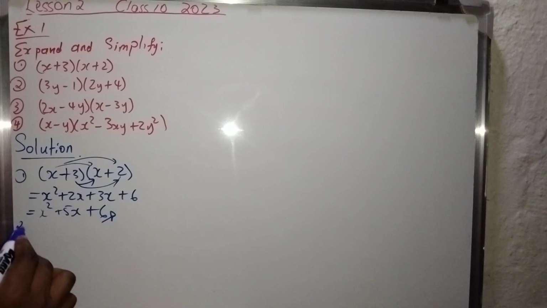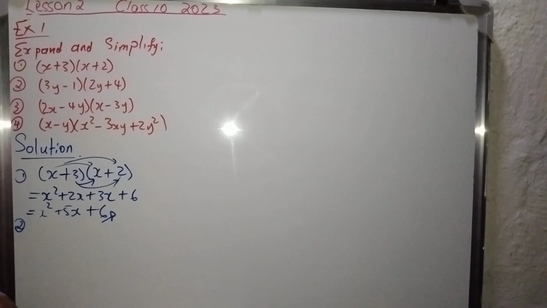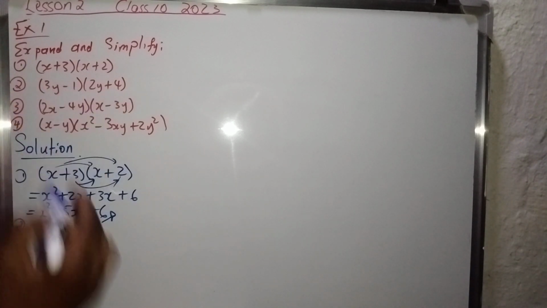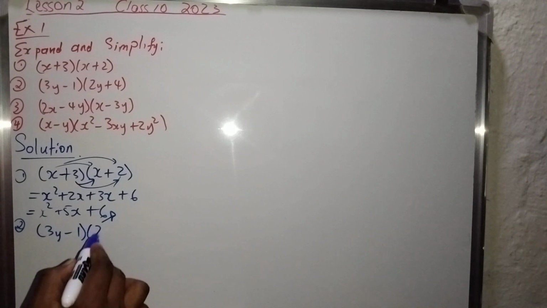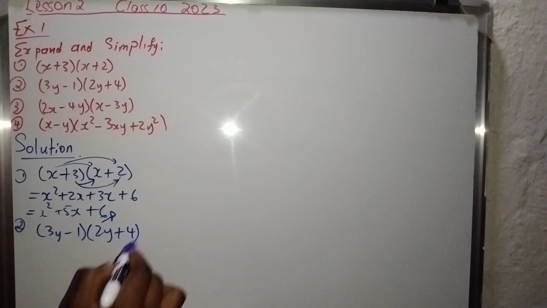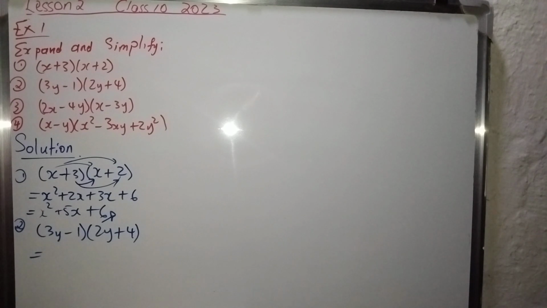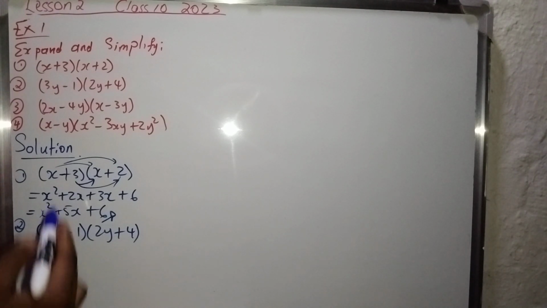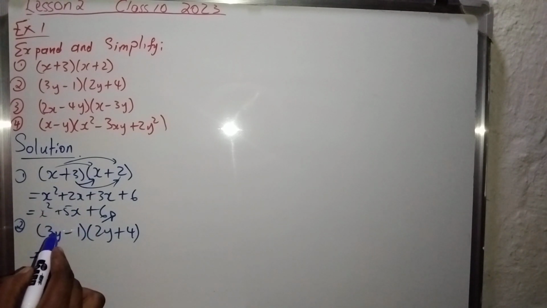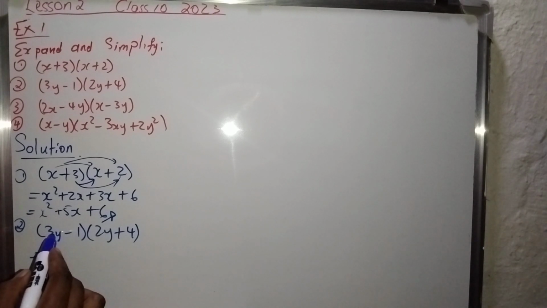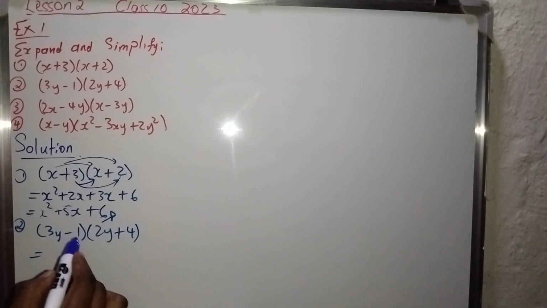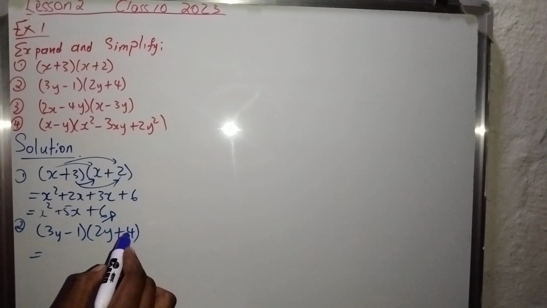And then let's go over to number 2, and check how we go about expanding this one: (3y minus 1) and (2y plus 4). We're again going to use the FOIL method, which is 3y times 2y, 3y times 4, 1 times 2y, and 1 times 4.